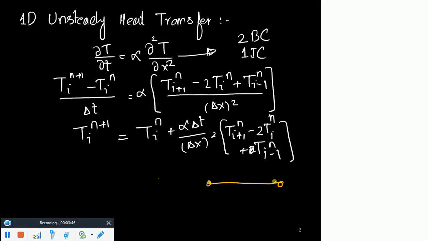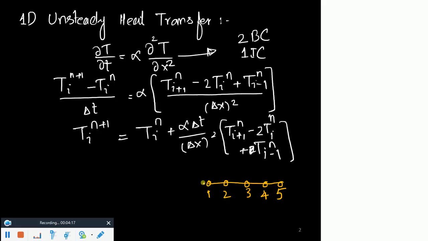So let's say this is a rod, and I'm just considering 1D heat transfer, and let's divide this rod into equally spaced nodes, right? And the number of nodes on this rod is 5. So this is a schematic for an example which represents a 1D unsteady heat transfer. Now for this problem, this is node 1, this is 2, this is 3, 4 and 5.